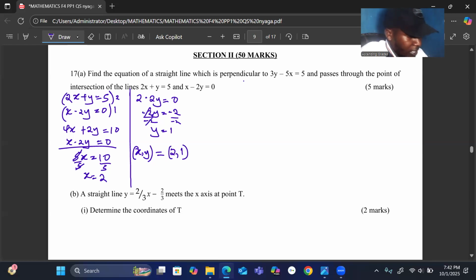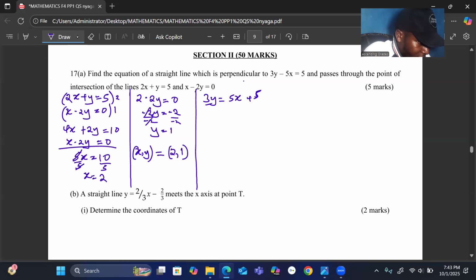Now that we have the point of intersection, using the equation 3y minus 5x equals 5, we can make it in the form of y equals mx plus c. So we shall have 3y is equal to 5x plus 5.